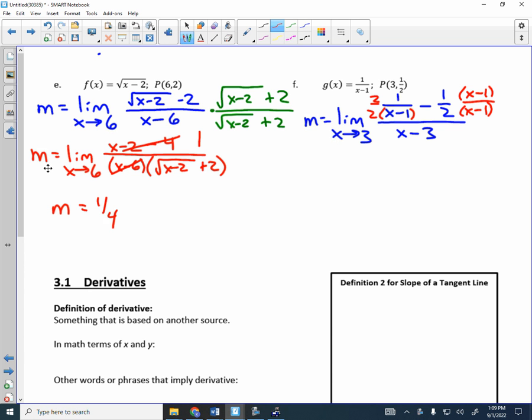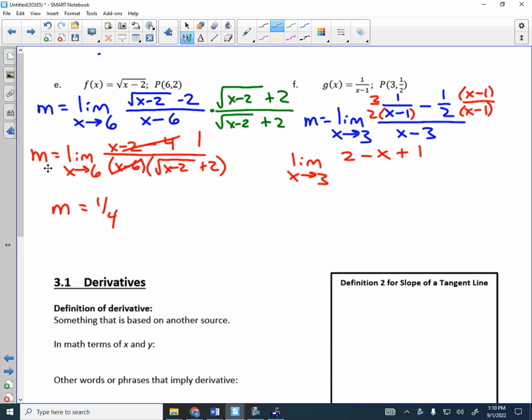2 over 2 for the left? Yeah, I'm going 2 over 2. So I have the limit as x goes to 3 of, what's here? 2 minus, what am I going to have here? x minus 1, so it'd be minus x plus 1.